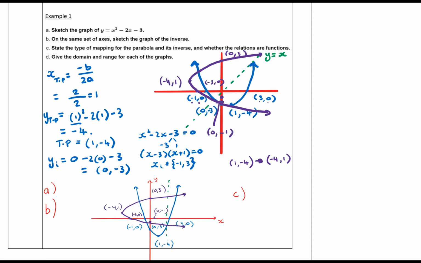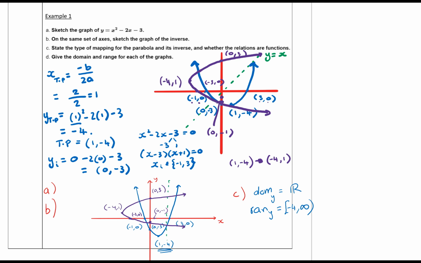So my blue line has a domain of reals, but it's got a range of only -4 to infinity. And that's because the very lowest point on the graph has a y value of -4.